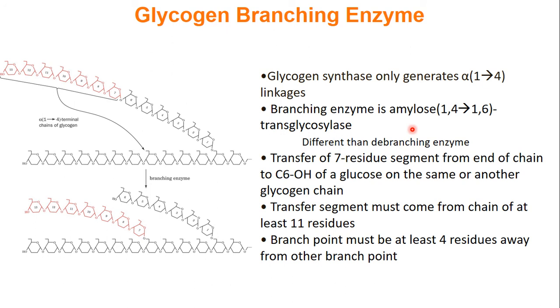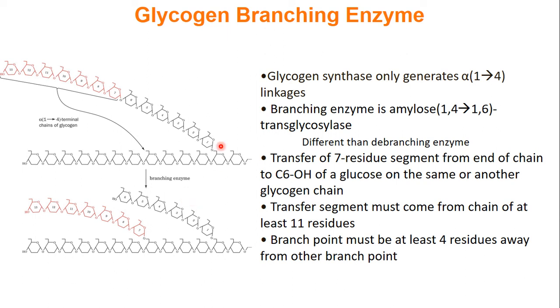Basically, it's just saying we're taking a 1,4 linkage and making it a 1,6 linkage. And this is different than the debranching enzyme we talked about in the previous video. So what's happening here is that we have 7 glucoses, and we're going to transfer those from the end of one chain, and we're going to add them to the C6 hydroxyl of a different glucose. That's how we get our 1,6 branches.